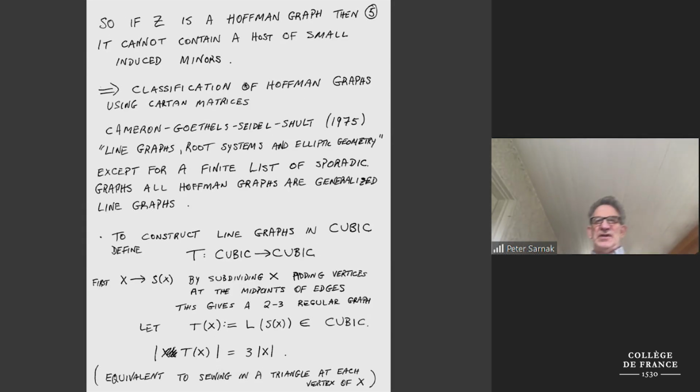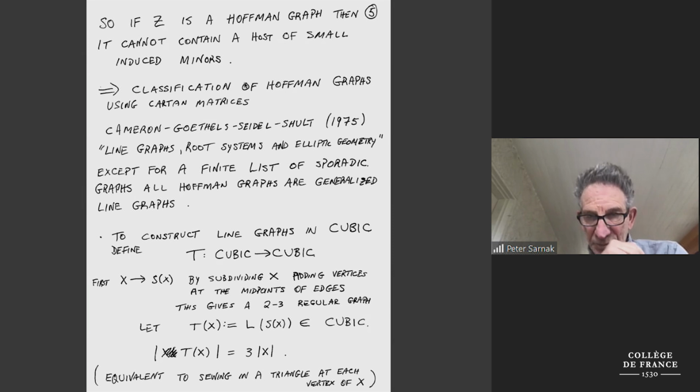Because a Hoffman graph cannot have induced minors of certain types, the works of Seymour and Robinson show that when certain graph minors are not allowed, there's often a classification of what you're looking at. This is a Seymour-Robertson theorem. It's not that effective, but in this case, there's a fantastic classification due to Cameron, Goethals, Seidel, and Shult from 1975 that classifies what these Hoffman graphs are.